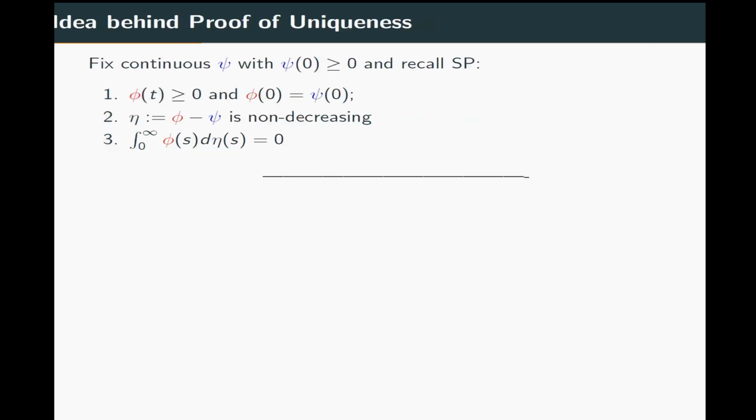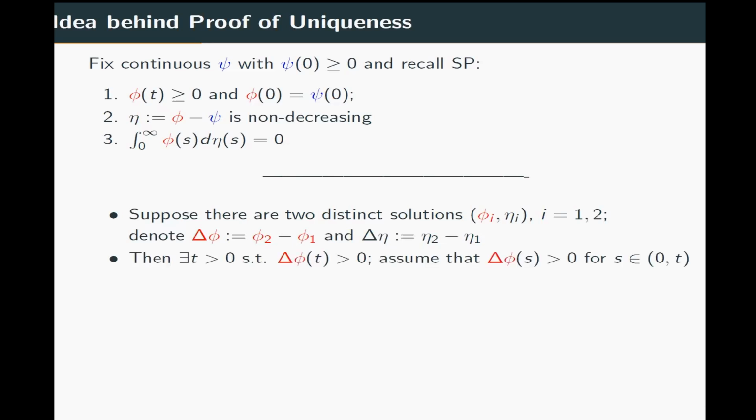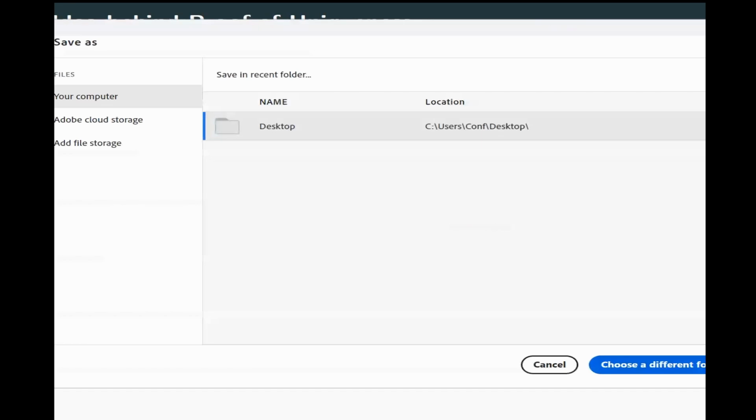And so of course, just a two-line sketch of how you prove uniqueness. The usual way, you start with two different solutions, and then you have two different pushing processes, let's call them delta phi, delta eta. And then, since they're two distinct solutions, there must be some t where this delta phi is strictly positive.